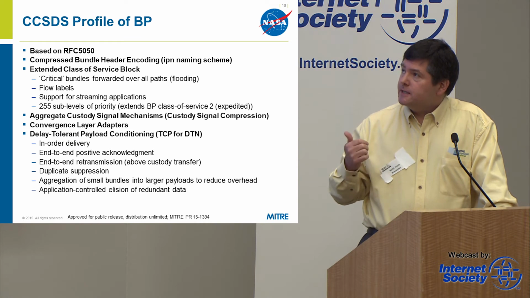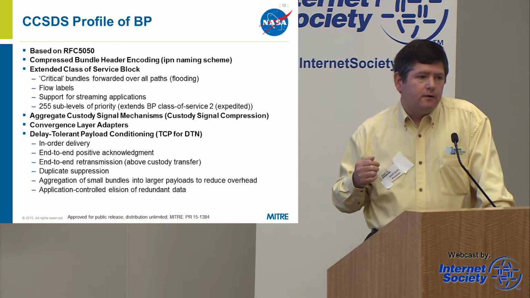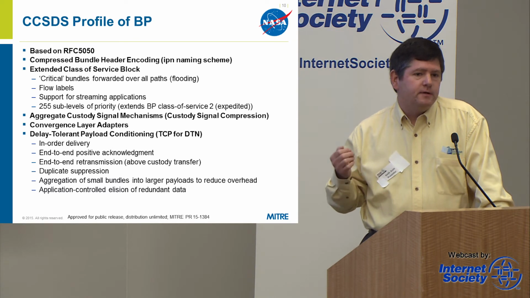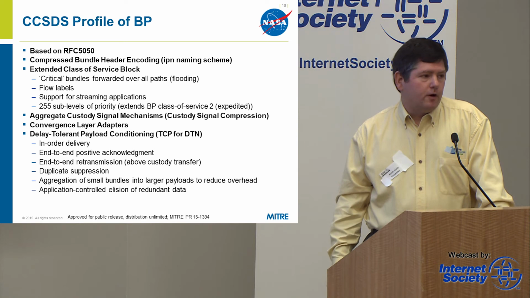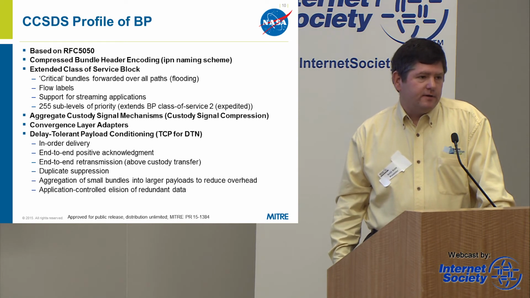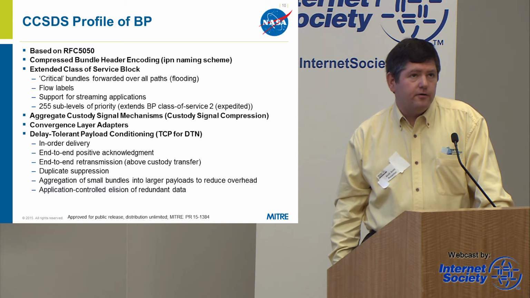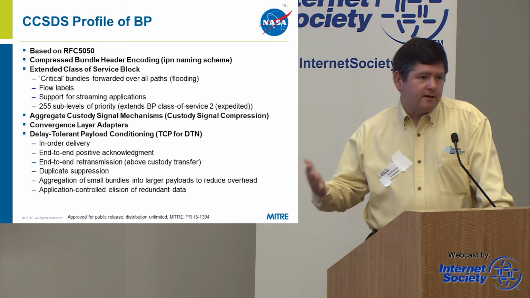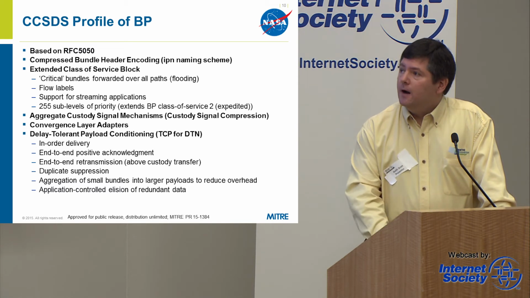The aggregate custody signal mechanisms were invented or developed in response to the CGBA deployment onto ISS. They had the low rate uplink, and I think they were dealing with something like 108 bits per second of uplink capacity, not because that's what the uplink supported, but that was what they were allocated.